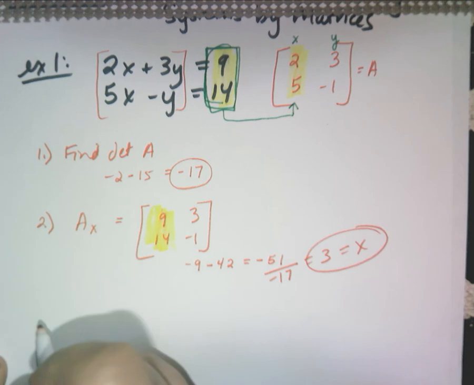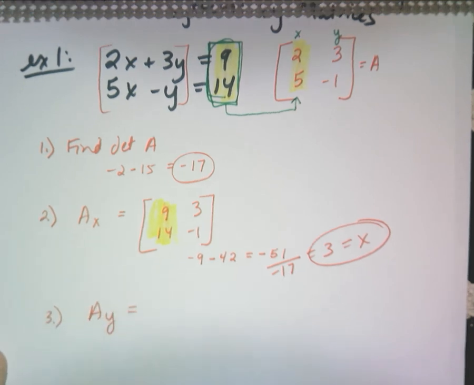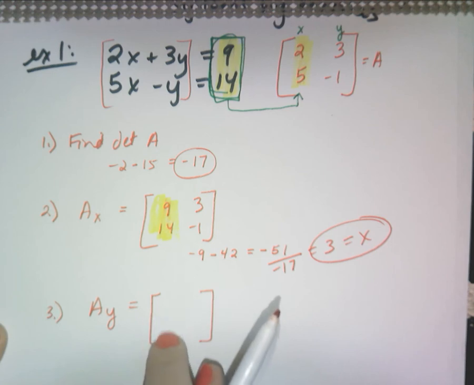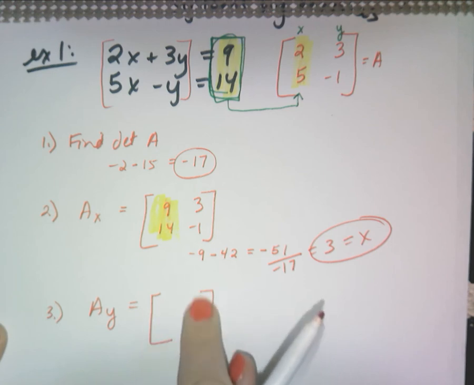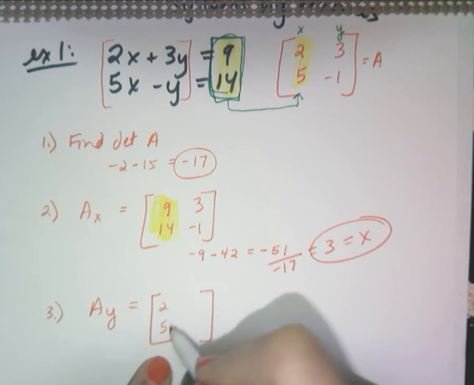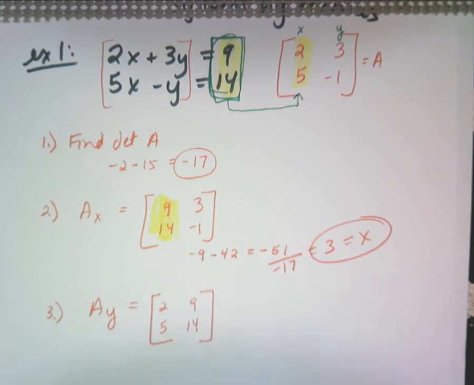Now, you can do that again for the Y and make a Y matrix. Guess what the Y matrix would look like? 9, 14 would not be here. 9, 14 would be over here now, right. 2 and 5 would remain. 9 and 14 would now be replaced in the Y column.